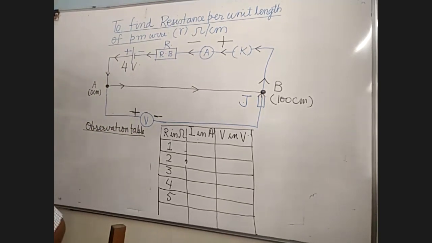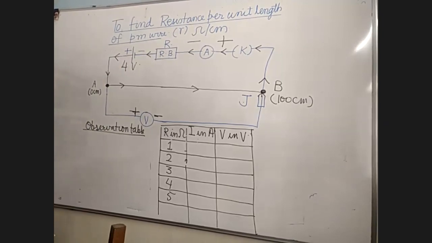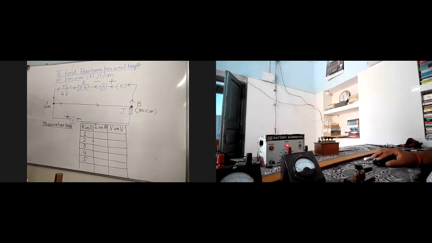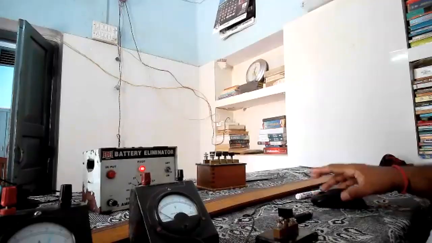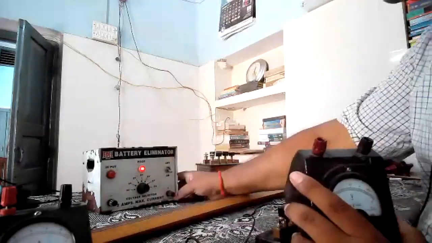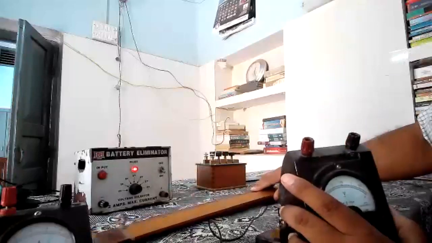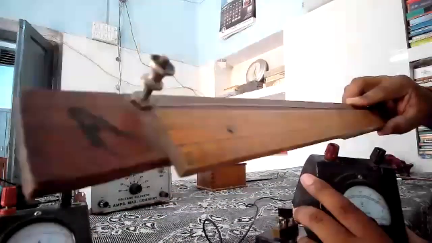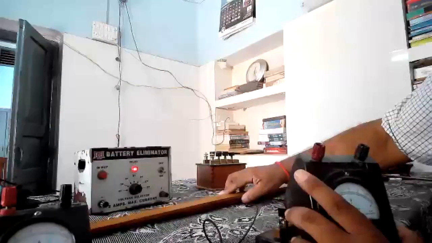Is it clear? So now see here, how will you set up the circuit, how will you make the connection? First of all, you set up everything. So the resistance, this is the potentiometer, and A is here.